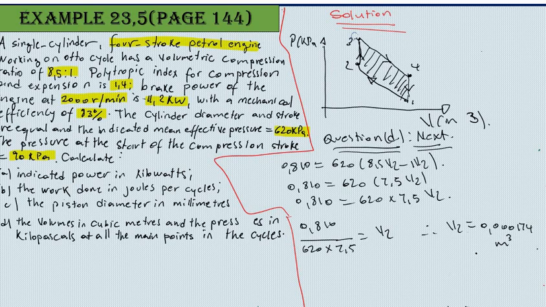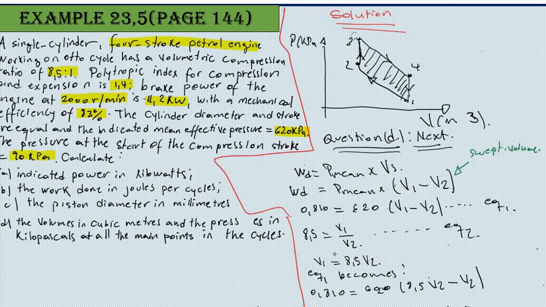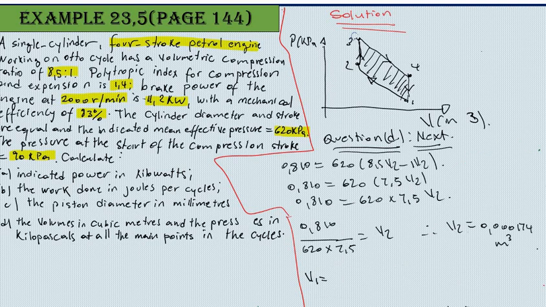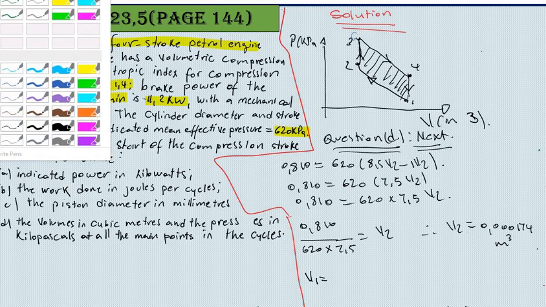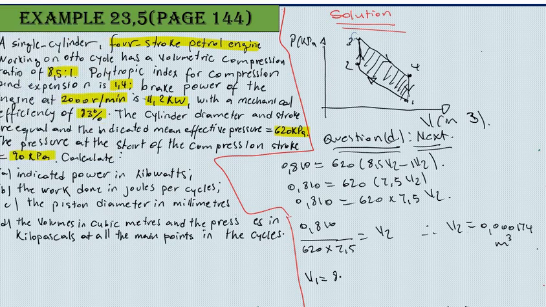So if I have V2, I can also determine V1, because I know that V1 is equal to, I need to use this relation here. V1 is 8.5 V2. So that is V2.